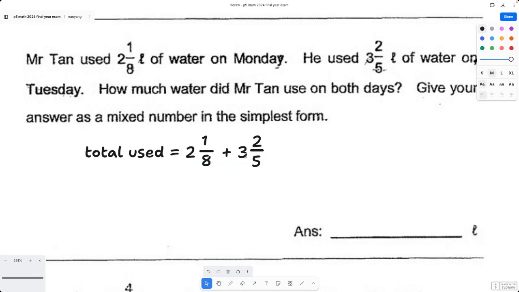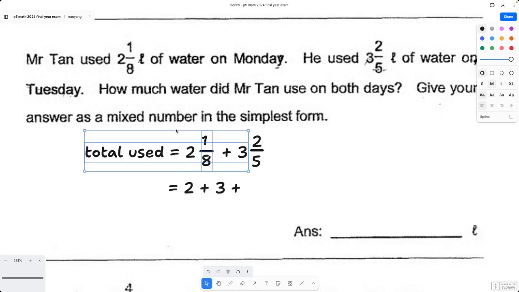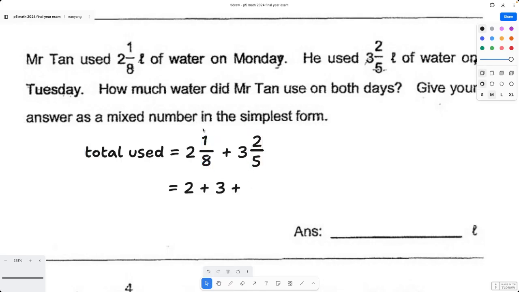So essentially it will be equal to 2 plus 3 plus your 1/8, and then plus your 2/5.